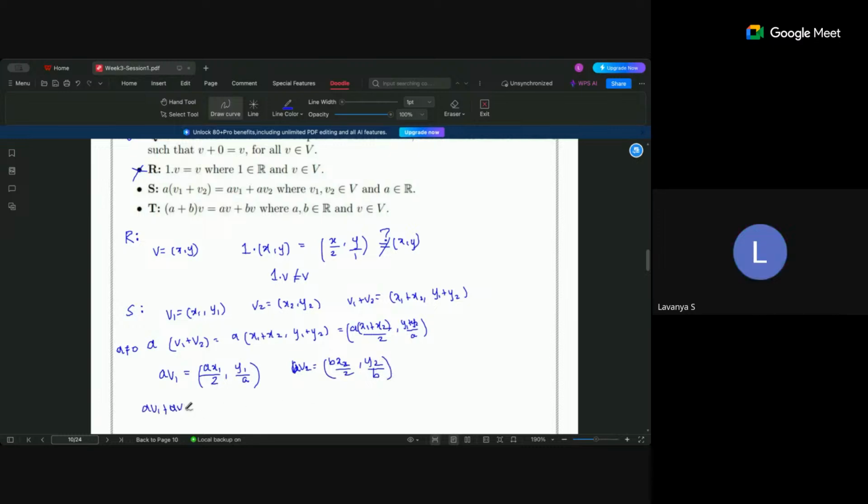A v1 plus A v2 is ((A x1 plus A x2)/2, (y1 plus y2)/A). So they are the same.